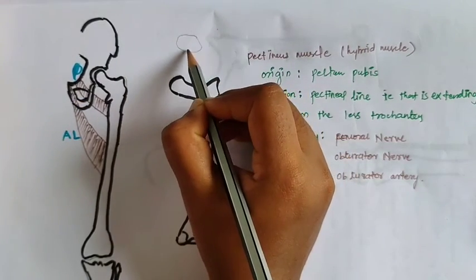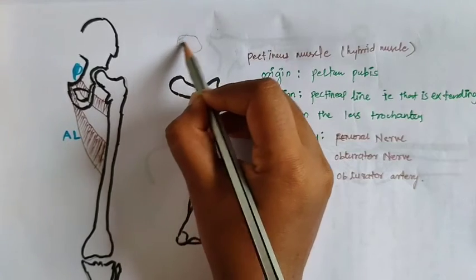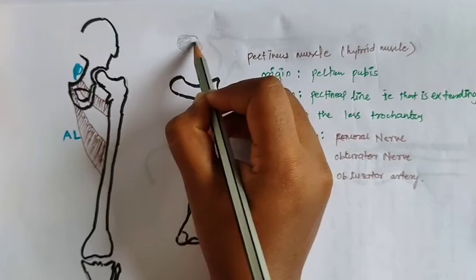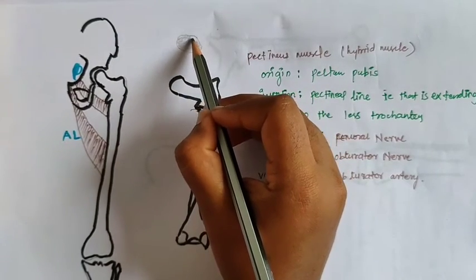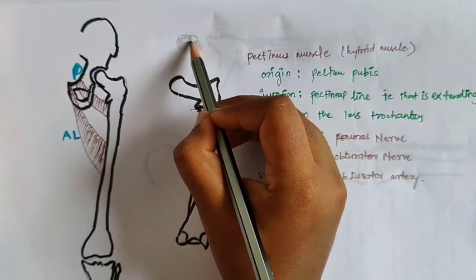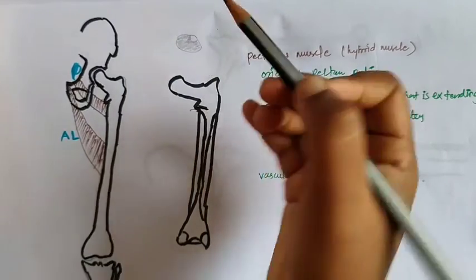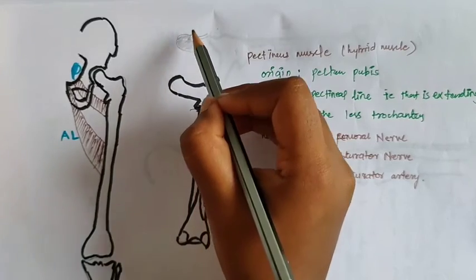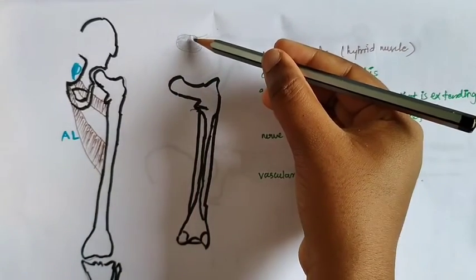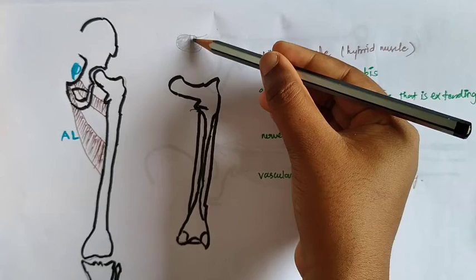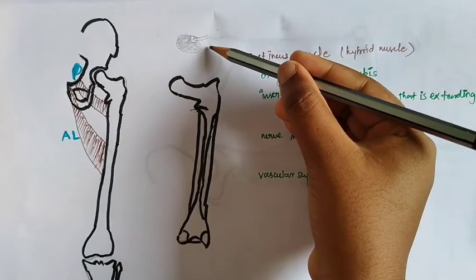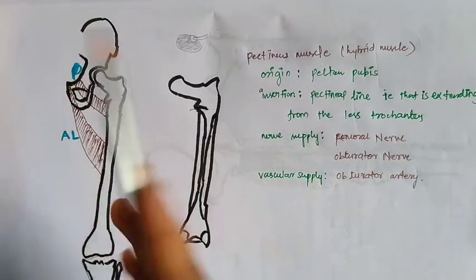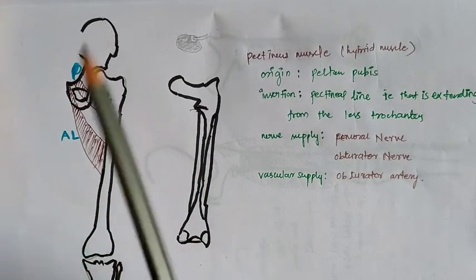In the upper side we have an opening, this is the obturator canal, through which only the obturator nerve and obturator artery come out of the abdominal cavity or pelvic cavity and enter into the lower limb and supply the medial compartment of the thigh. This thing you want to know.